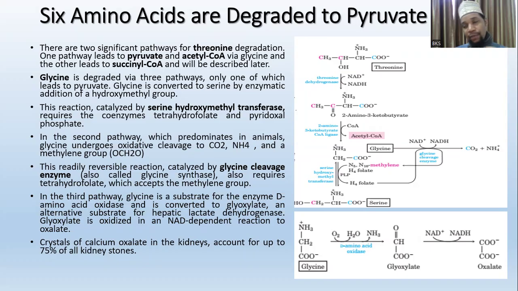So you have this N5,N10-tetrahydrofolate containing this methylene group, and this methylene group is the partially oxidized carbon, which is in the form of hydroxymethane. So this hydroxymethyl group is now transferred to glycine to form serine.